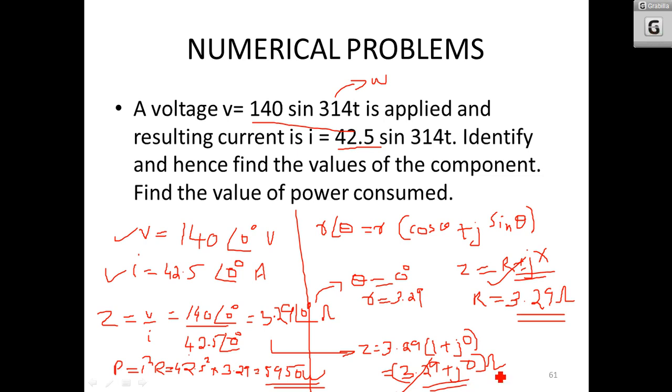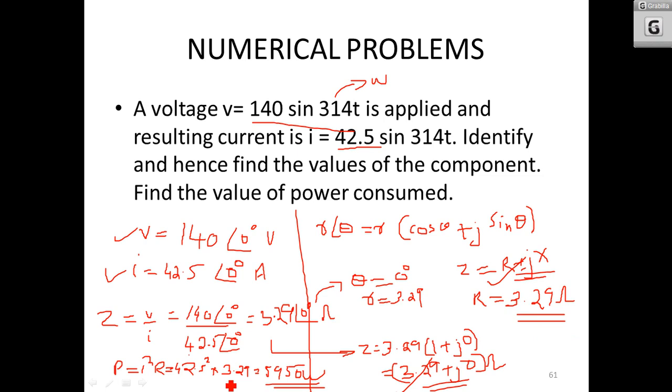That means the given circuit consists of only a pure resistor whose resistance is 3.29 ohm. The power consumed by the resistor is I square R, which is 42.5 square into 3.29, equal to 5950 watts.